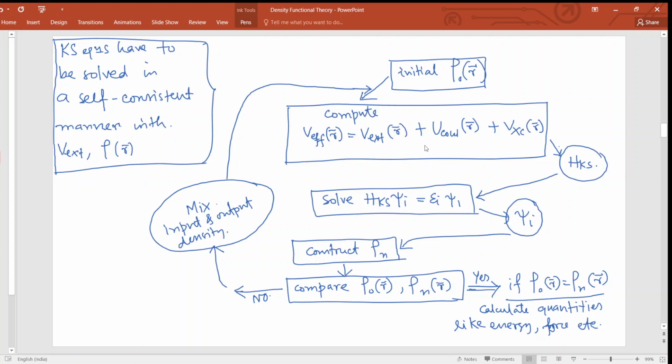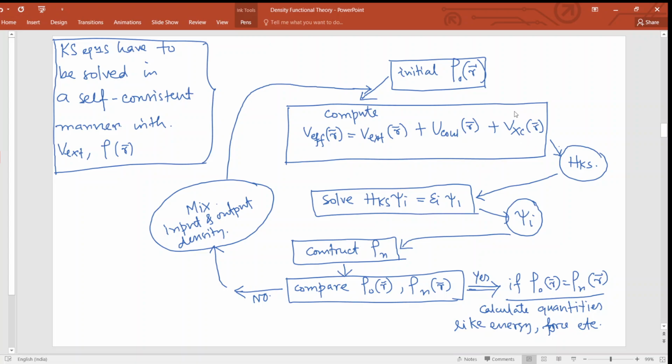Now the external potential is given, so that is not changing. The Coulombic potential is also more or less defined for a given Z and N. And the exchange correlation functional is something which you have a choice of. I'll discuss two different types of exchange correlation functional later on.